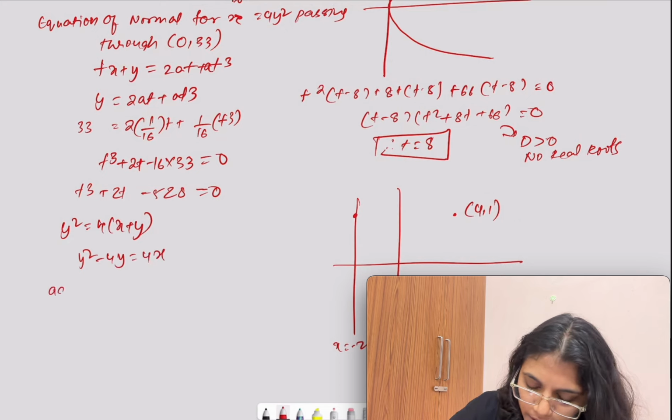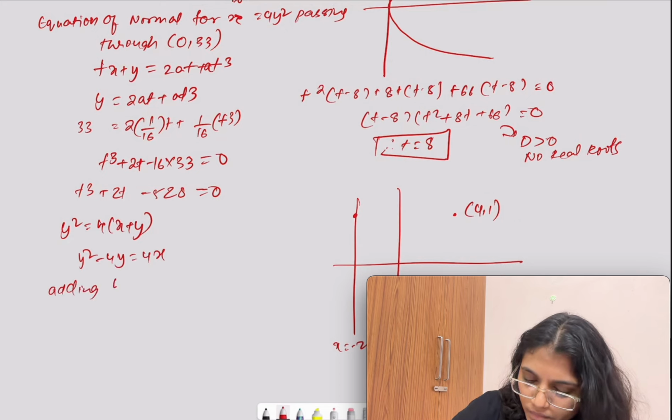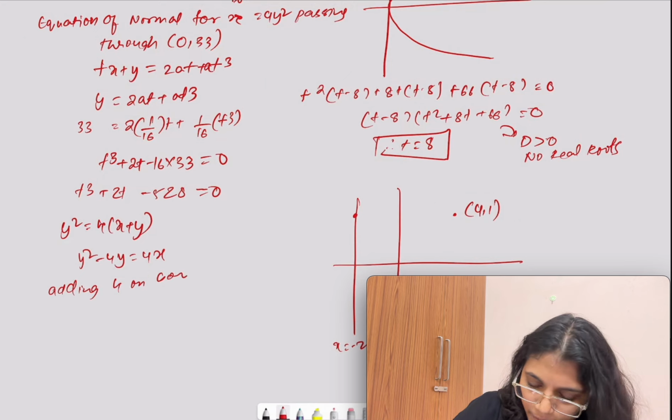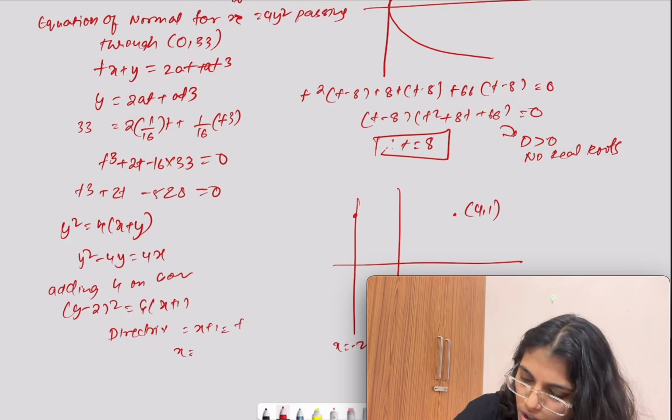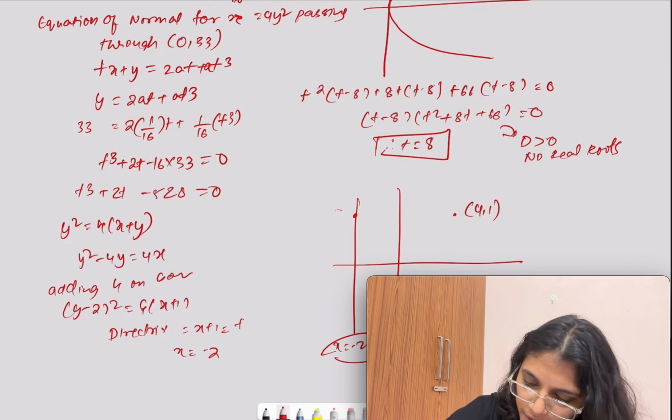Adding 4 on both sides, we get y minus 2 whole squared is equal to 4 into x plus 1. So the directrix will be x plus 1 is equal to minus 1, and x is equal to minus 2.